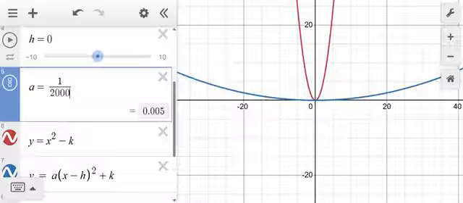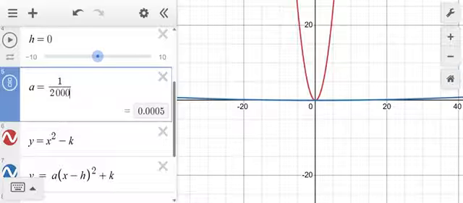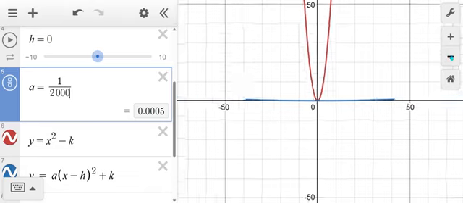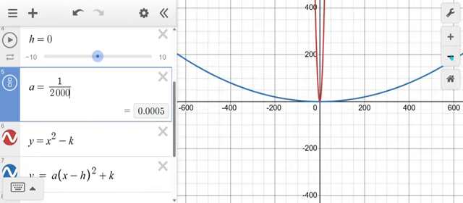1 over 2,000. Dang. Woo! Oh, craziness. Whoa, we got to zoom out. That is a compressed parabola. All right. Give me a negative compression. I want it reflected and compressed. What's my A going to be? Talk to your person.